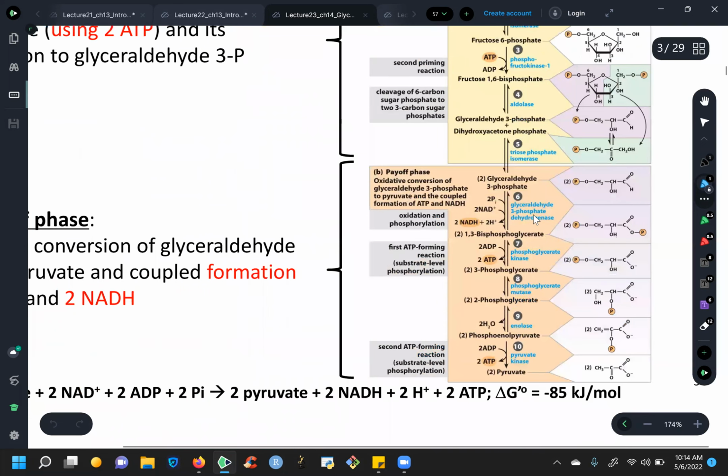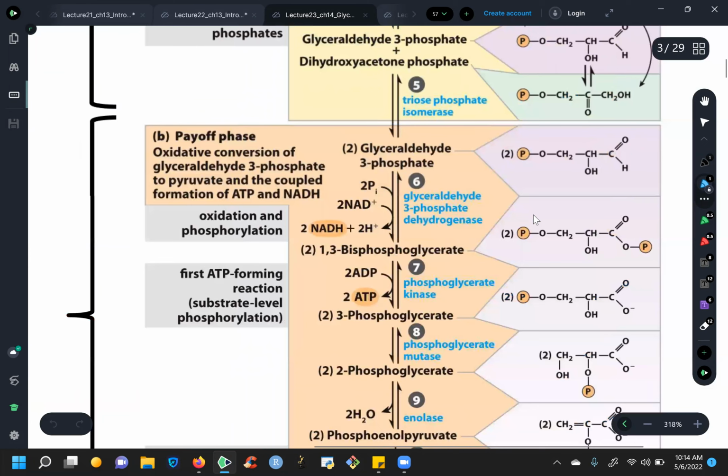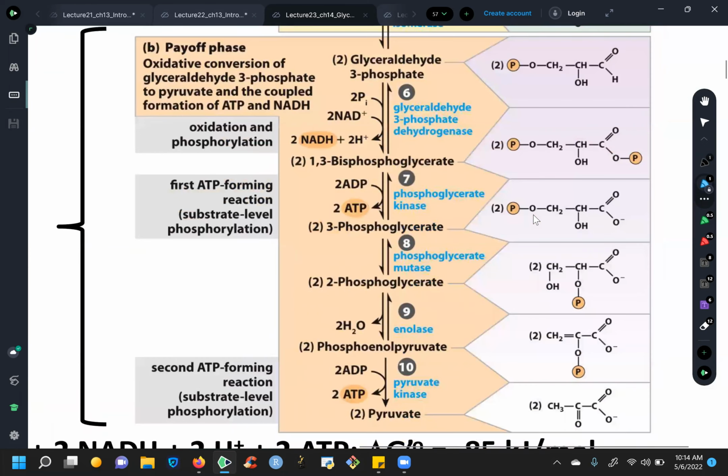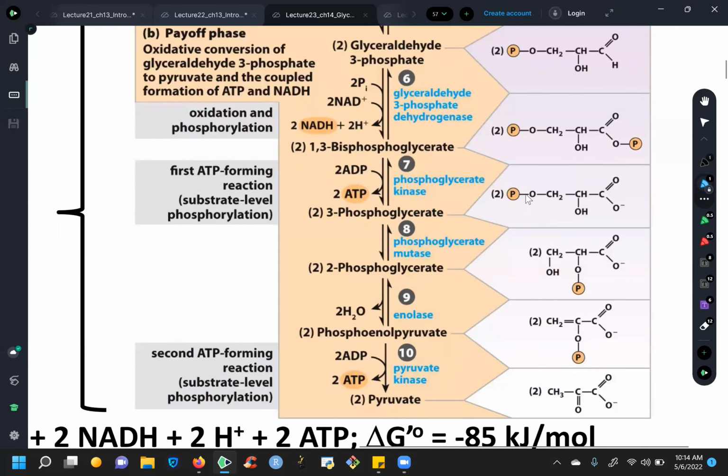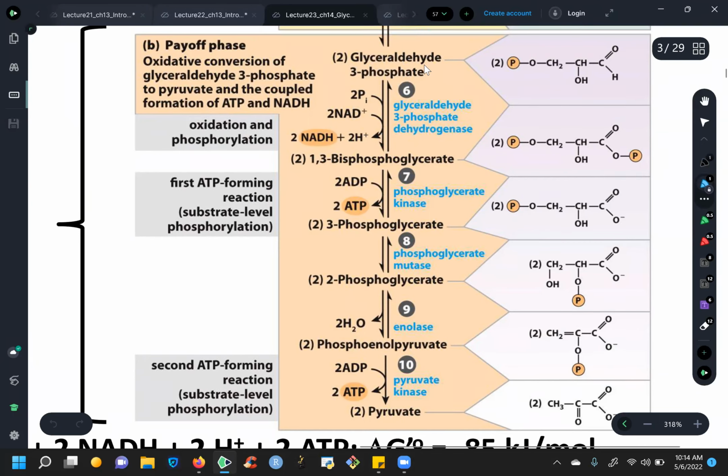So now we're going to go ahead and start off the payoff phase reactions, the 5 through 10. So for number 6, you'll have glyceraldehyde 3-phosphate dehydrogenase. And it's going to turn the 2 glyceraldehyde 3-phosphates into 1,3-bisphosphoglycerate.